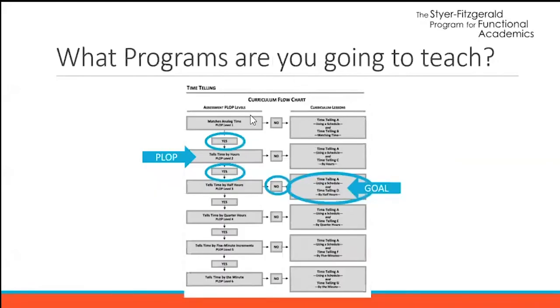Well, when you look at your curriculum flow chart, they did matched analog time, yes. So then you took them to telling time by hours. They could do that, yes. So now you assess them time to the half hours. They could not do that at criteria. So you move across the chart to the right-hand side, and that's your beginning goal or point where you're going to start instruction in telling time.